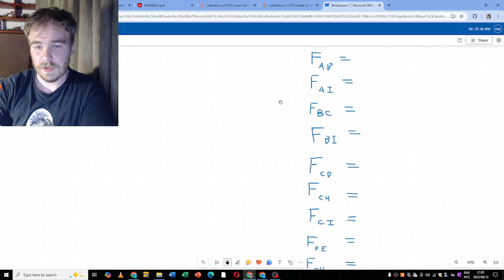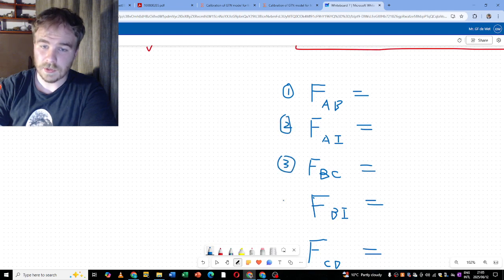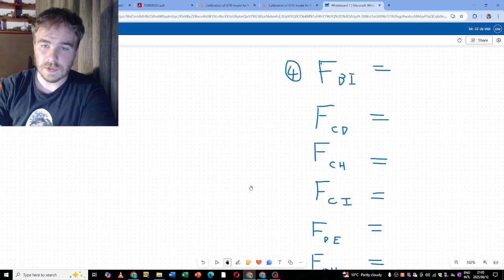Let's count them. The reason why I want to quickly count them is to make sure that we'll get enough equations to solve all these.